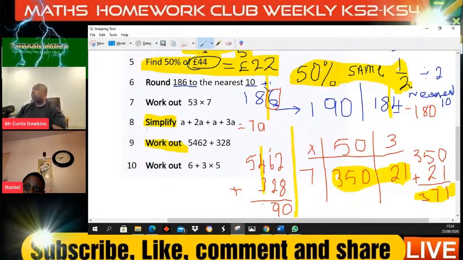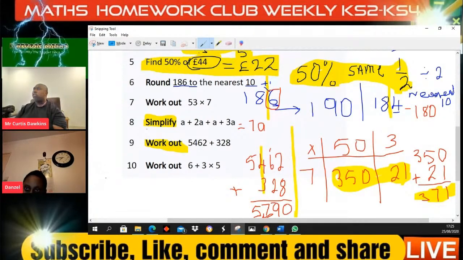And then 5 plus nothing is just 5. So your answer is 5,000. Think carefully, Denzel. 5,790. Well done.